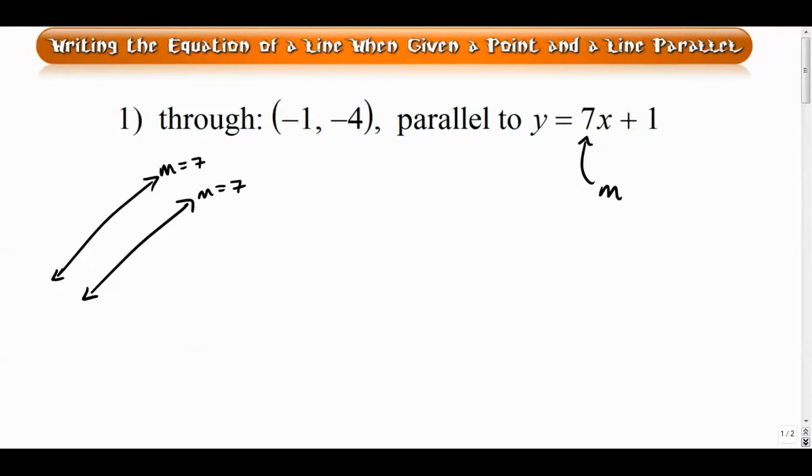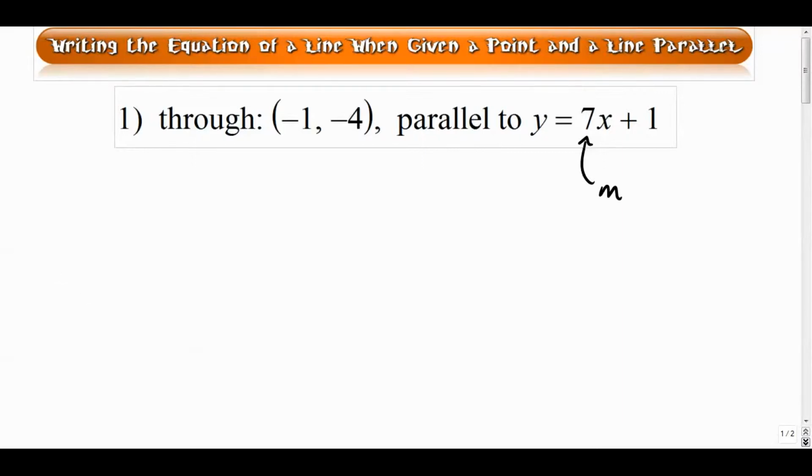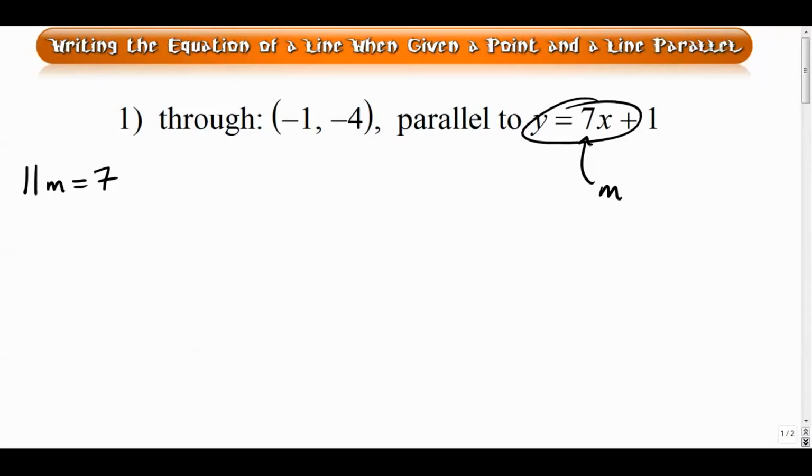Since parallel lines never intersect, they have to be rising and running at the same rate. So the slope of our new line, our parallel slope, when I write parallel I'll just use the two parallel lines notation like that, is going to be exactly the same as the one that's given.